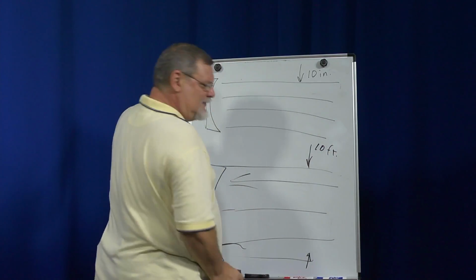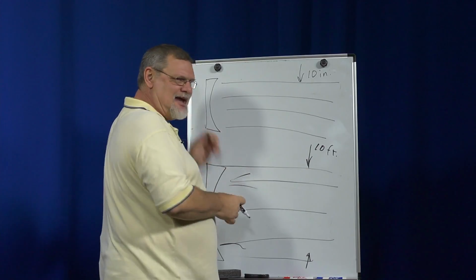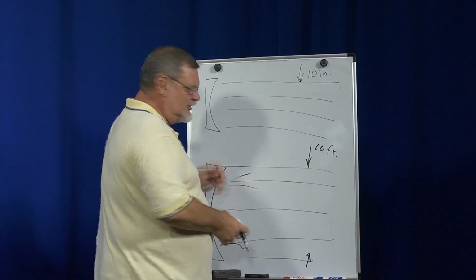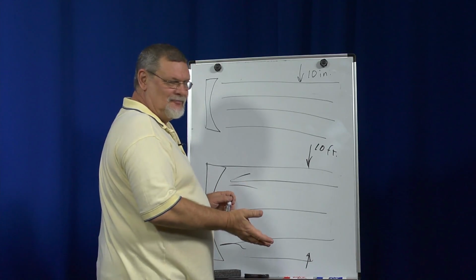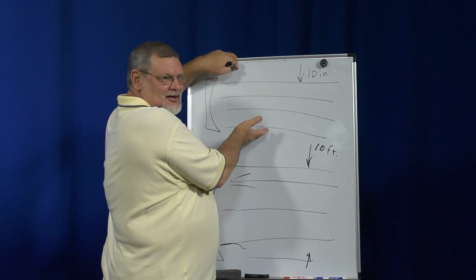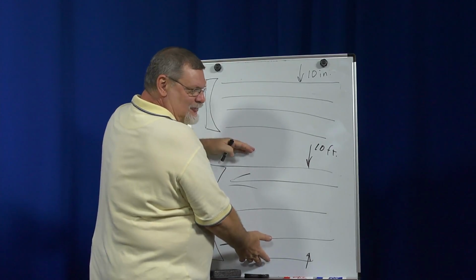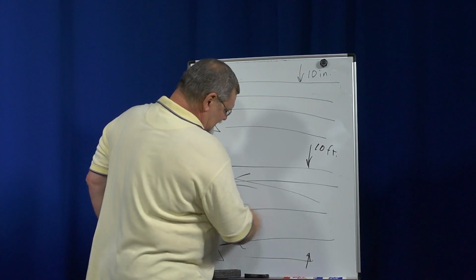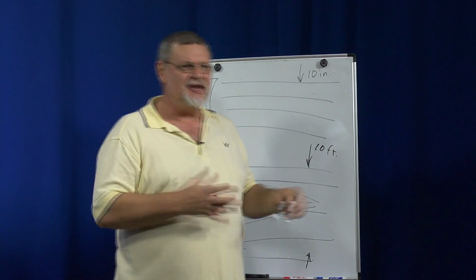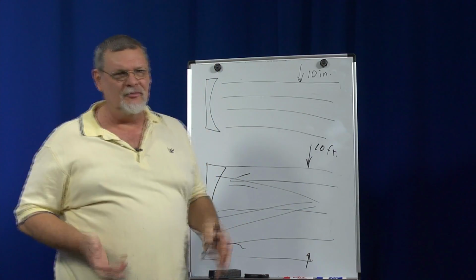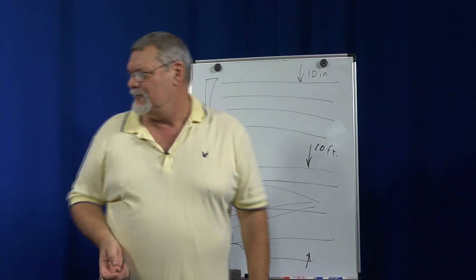Remember intensity? Intensity is how much light am I gathering over a certain area. Well, here, if it's a 10-foot diameter, I'm gathering a lot more light than I am with a 10-inch telescope. If I'm gathering a lot more light, when I look at this, I can see more detail, is the point. With a larger telescope, the larger I make my telescope, the more detail I can see.